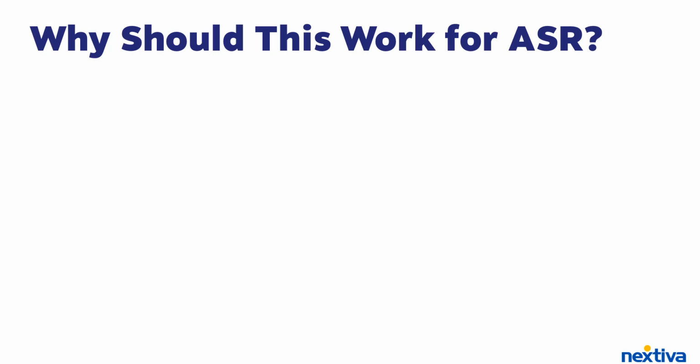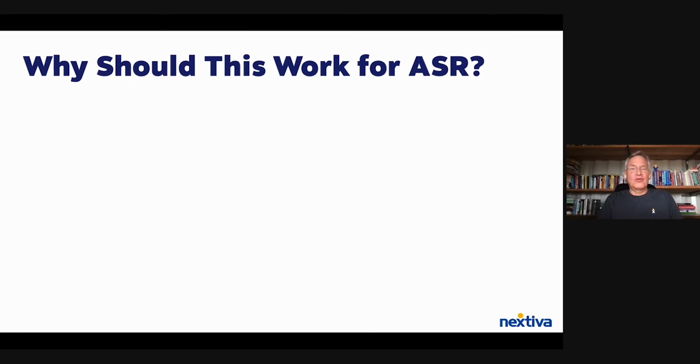Okay, so now I want to motivate a little bit. Why would this work in automatic speech recognition? Why are we doing this, and why is it promising? And these are just intuitive ideas, and we'll drill down as we get into it.